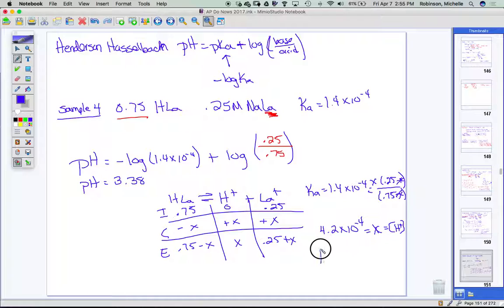So now find the pH. Take the negative log of that. Oh, guess what? Same thing. Okay, so you can memorize it and use it and do it in that little short of time if you want to, that's fine. Or you can always continue to do the ice tables and it will work.